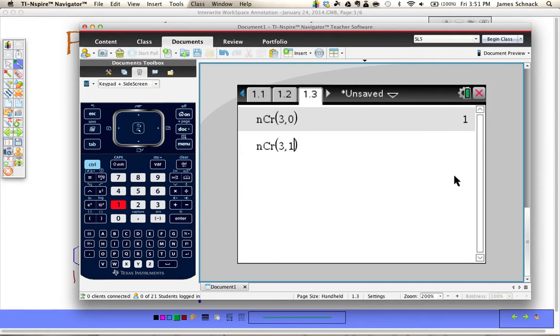I can change this to 3 choose 1. I get 3. 3 choose 2 is 3. And 3 choose 3 is 1. 1, 3, 3, 1. So I'm generating these terms from the calculator instead.